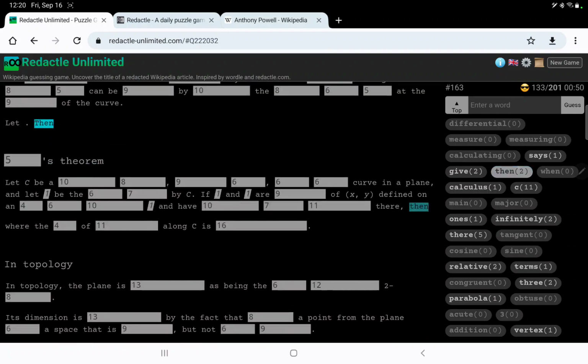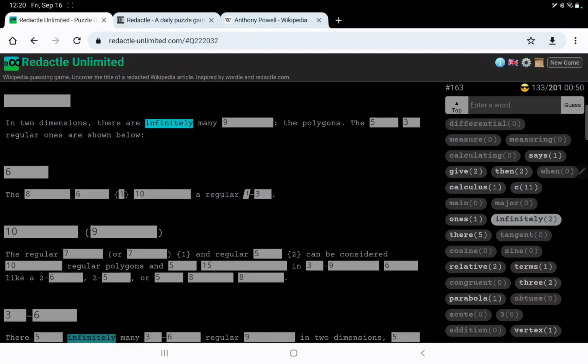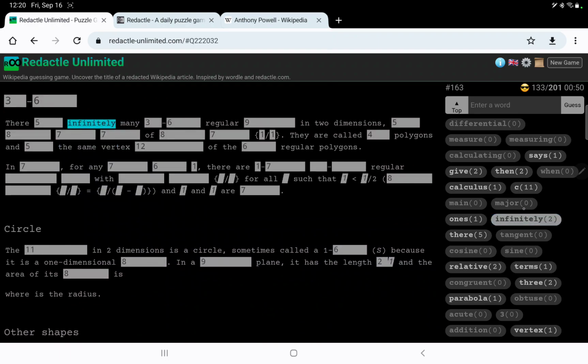There are 2 gives. Let something then. Okay, how about infinitely? There exist, maybe?